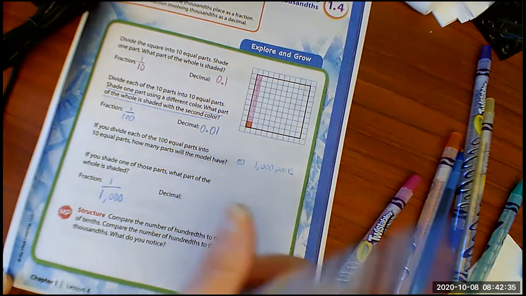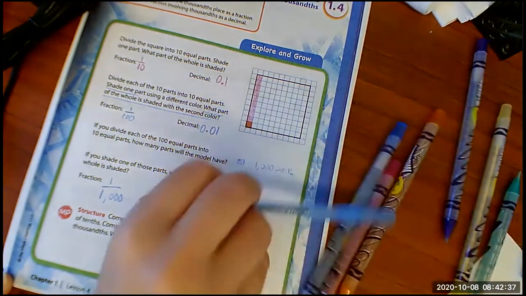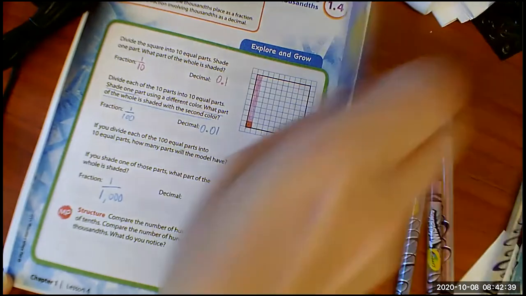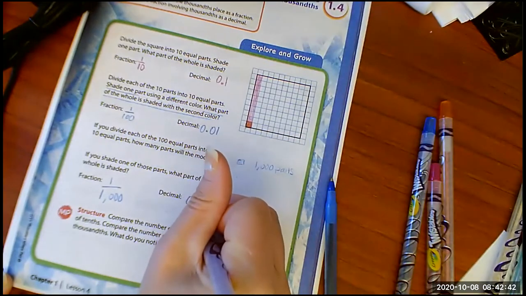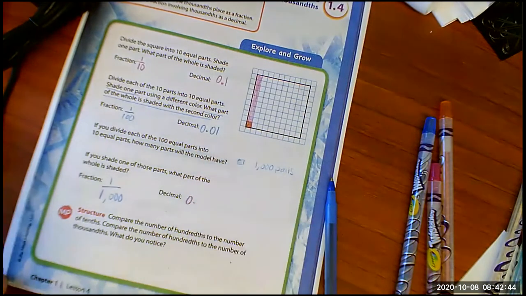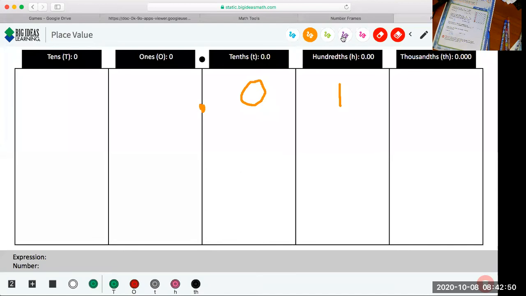And the decimal, 0 wholes, zero tenths, 0/100ths, and 1/1000th.